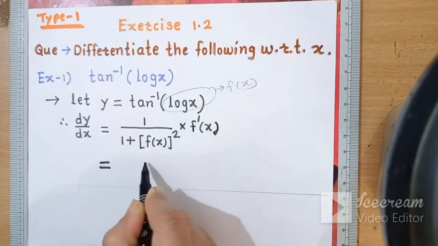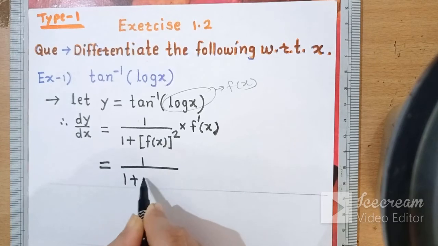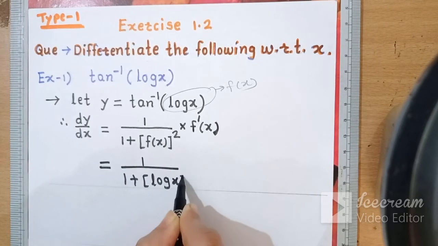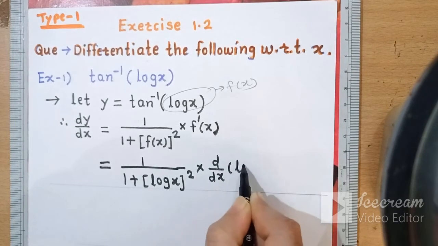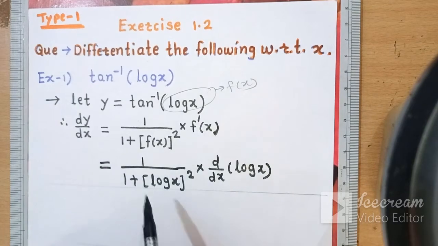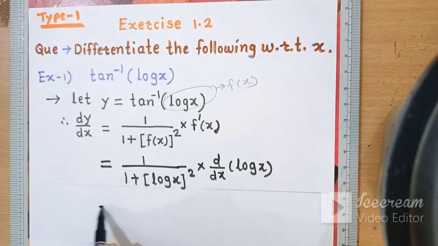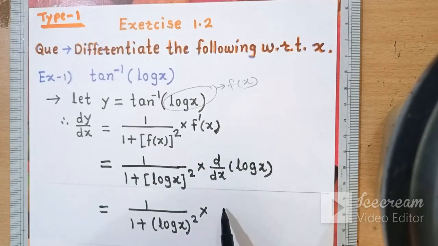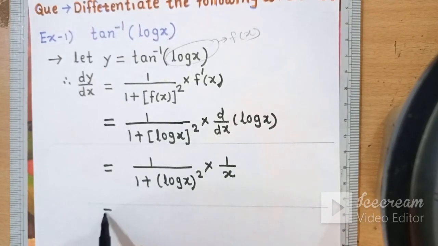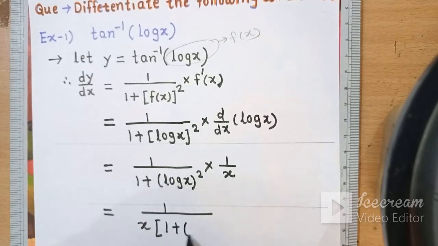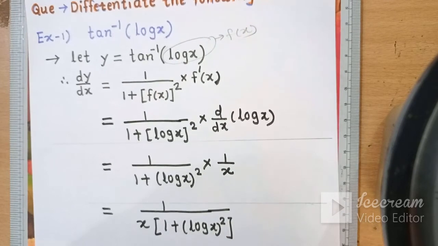So this is equal to 1 upon 1 plus log of x bracket square, and again d by dx of log of x. Now this step as it is, so I am writing, and the derivative of log of x is 1 upon x. So in the last step we will write this x here, and so again 1 upon x times 1 upon 1 plus log of x bracket square, which is our final answer.